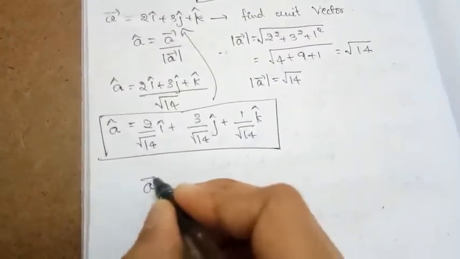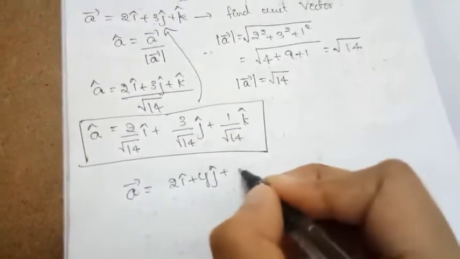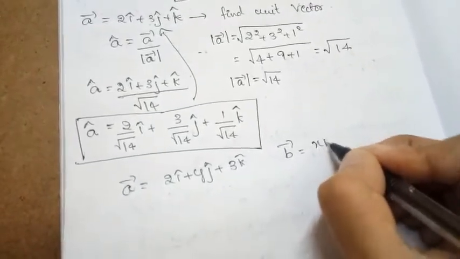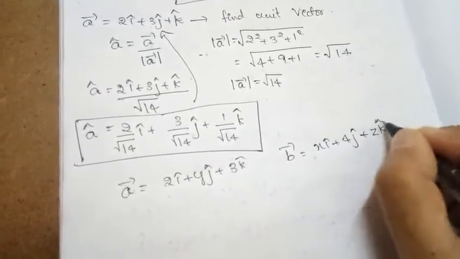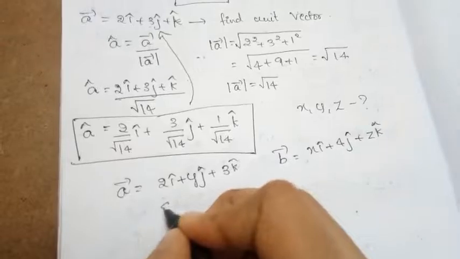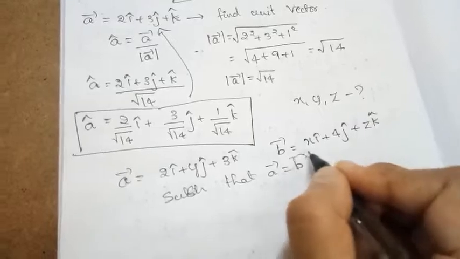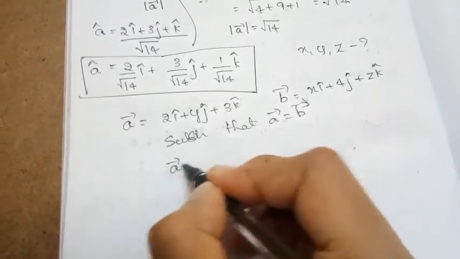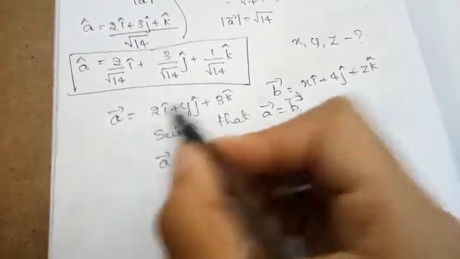Suppose they have given vector A as 2i cap plus yj cap plus 3k cap and vector B as xi cap plus 4j cap plus zk cap, and asked you to find x, y, z such that vector A is equal to vector B. If vector A is equal to vector B, what does that imply?